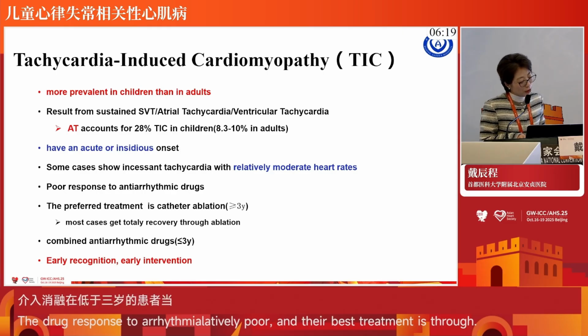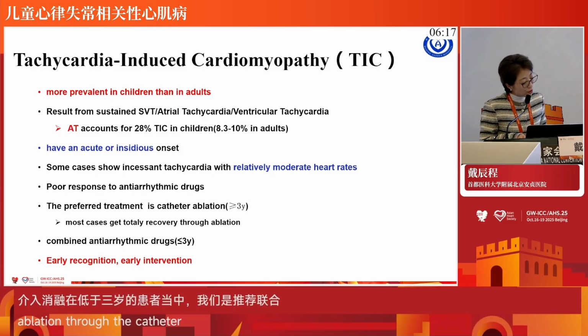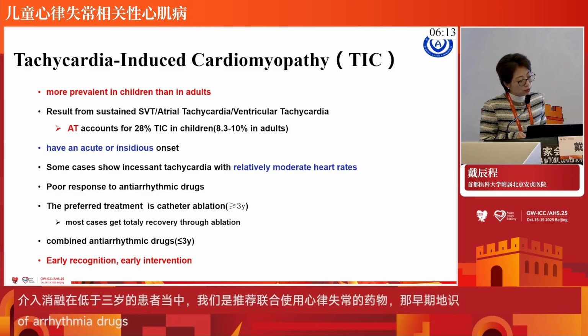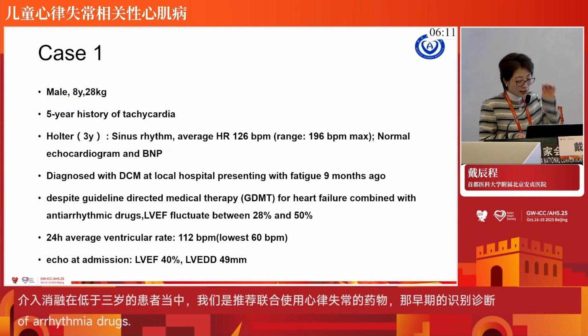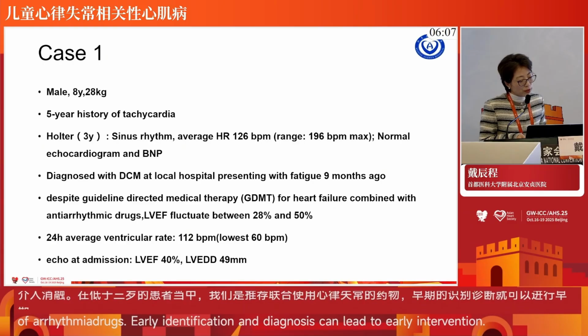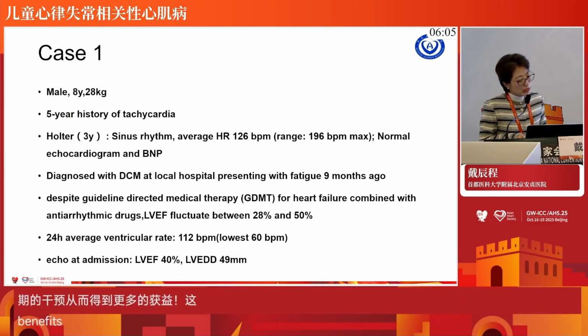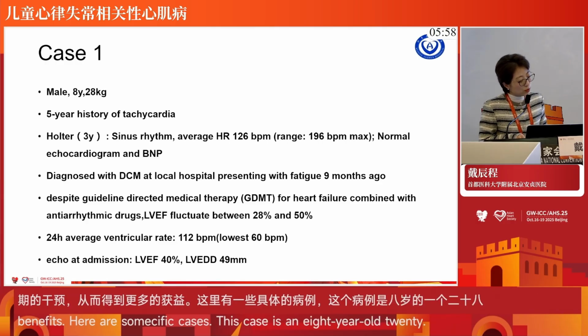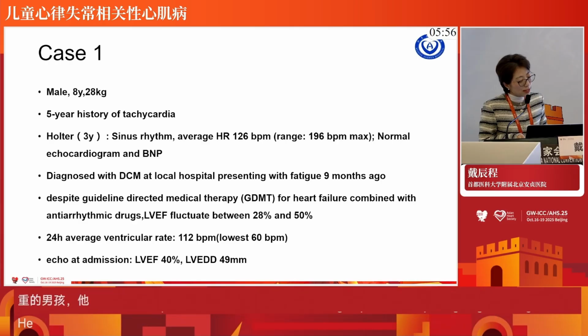And early recognition means early benefit. I have some cases for you. Case 1, this boy is 8 years old, 28 kilograms. He has a 5-year history of tachycardia. When he was 3 years old, the Holter showed sinus rhythm.